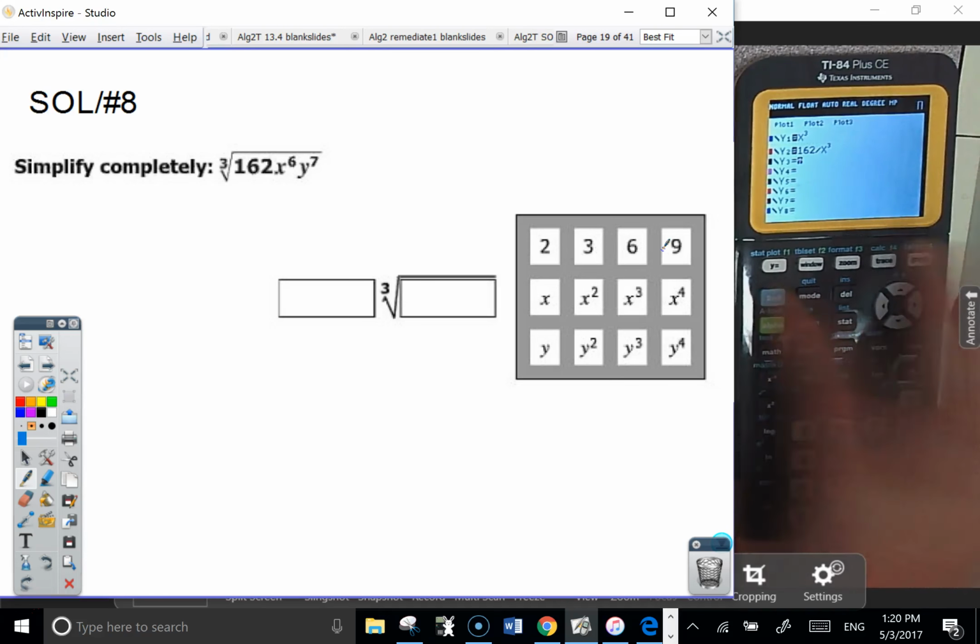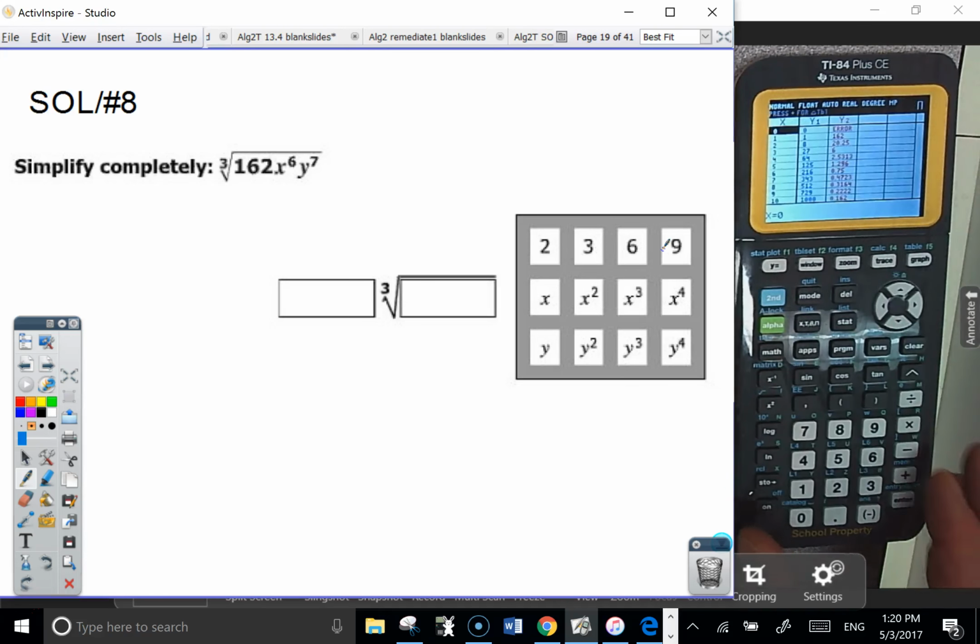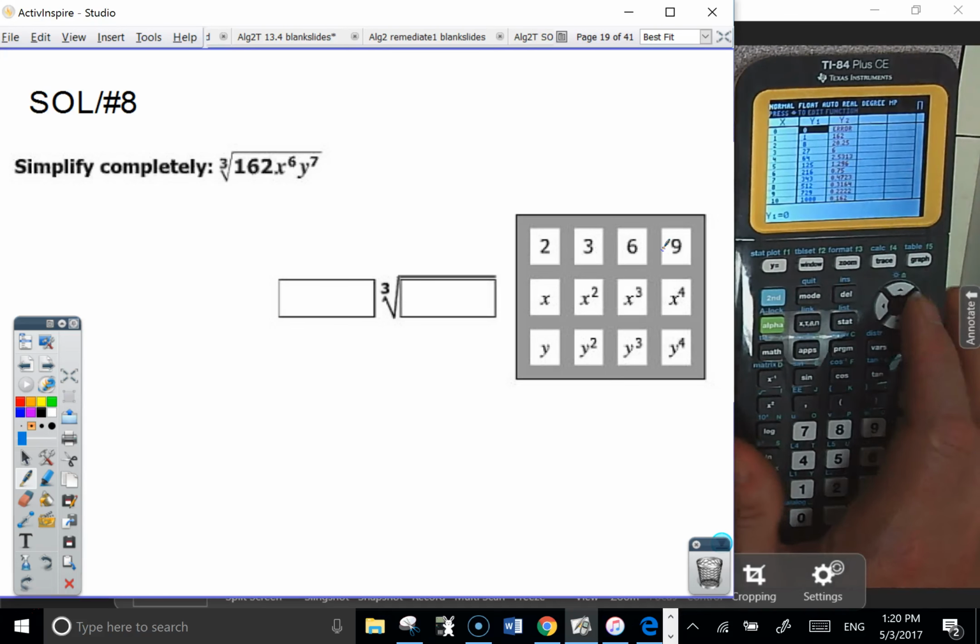And then go to the table of values. Now look in the first column. Go down the first column, the y1, until you get to 162, or where it would have been. In this case, it looks like we're jumping from 125 to 216, so we're right over the top of it. Then I go into the right column, and from there I go up until I find the first non-decimal 6.